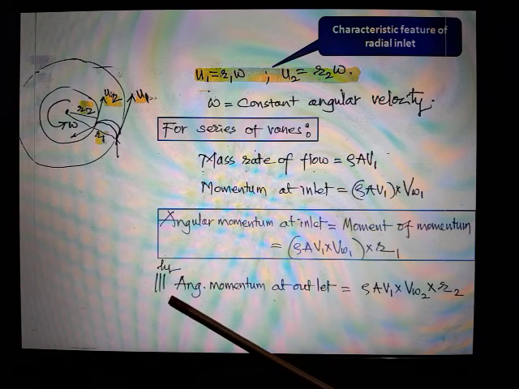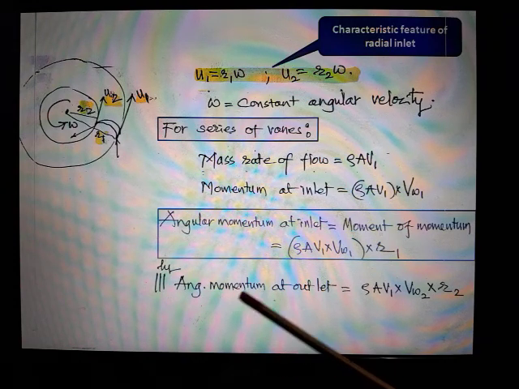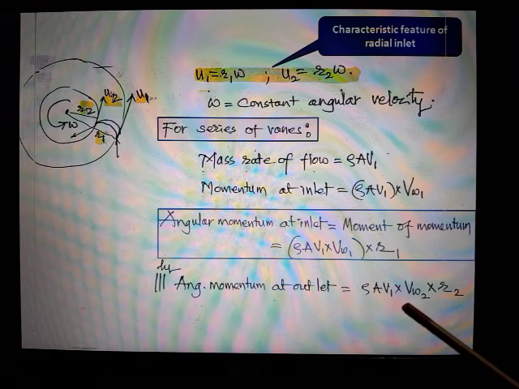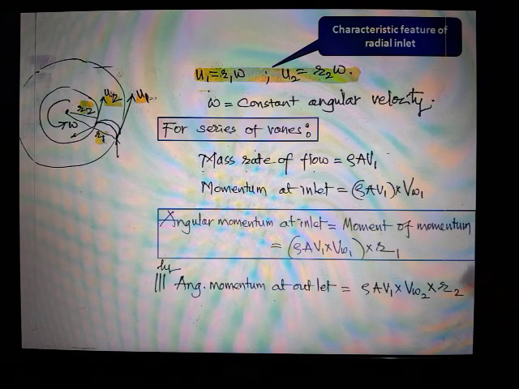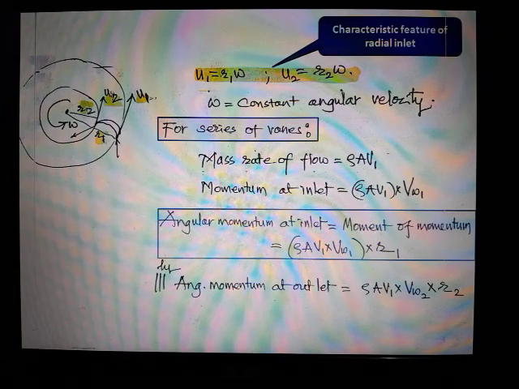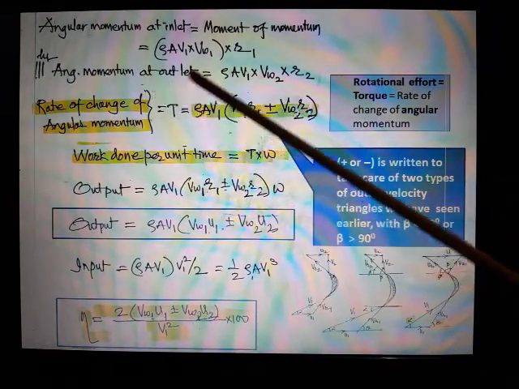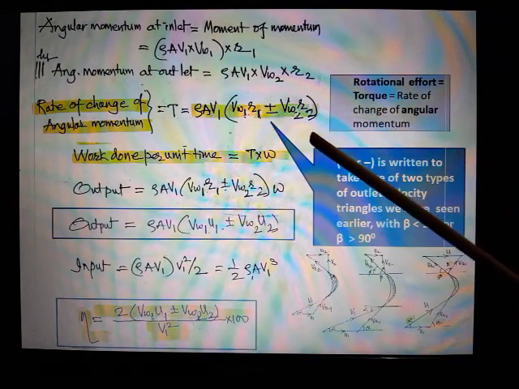On the same line, similarly, one can calculate angular momentum at outlet, which will be rho a v1 vw2 into r2. Okay, further, the same angular momentum at inlet and outlet are restated here.